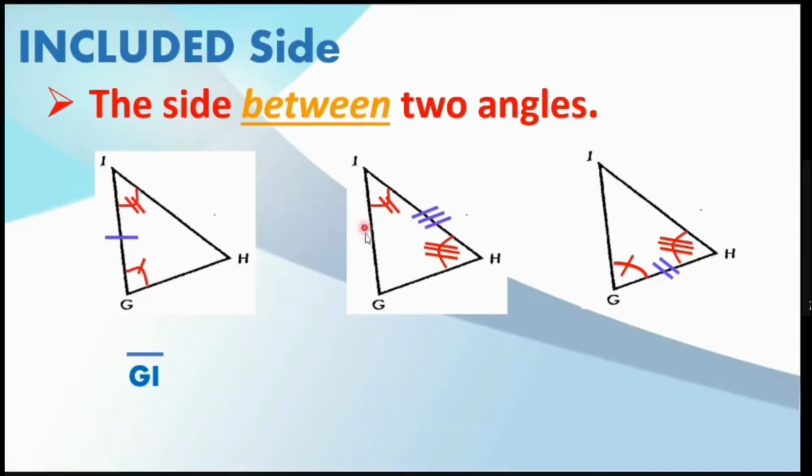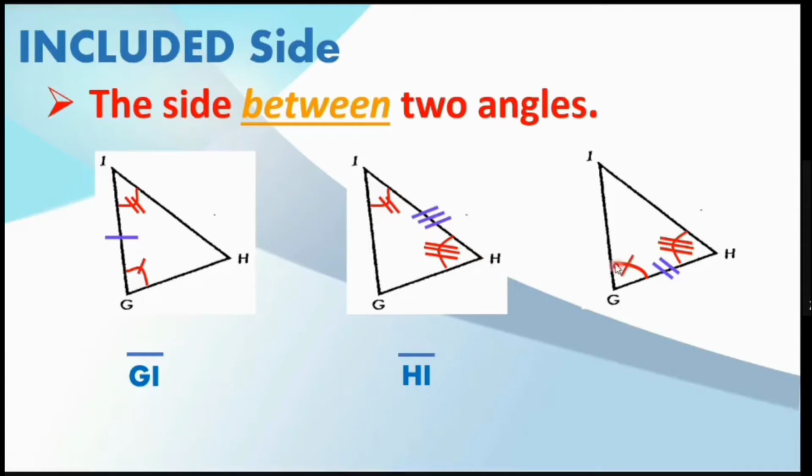How about in the second triangle? The two angles are angle I and angle H. So the side that is between these two angles is this side here. This one is the included side and that is side HI.